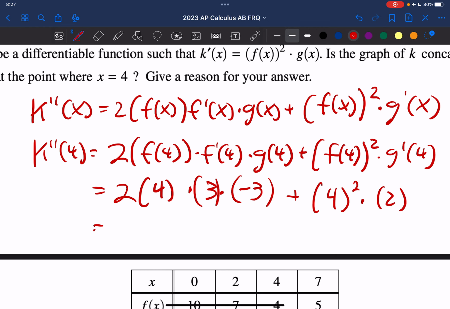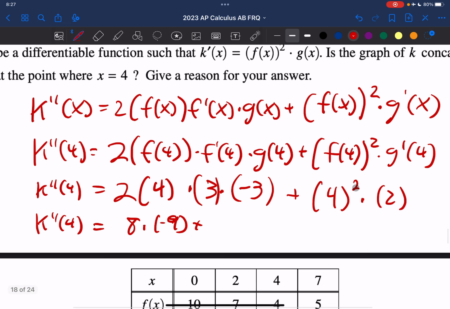All right, so almost there. All we just need are some computations. So 2 times 4 is 8, and then 3 times 3 is -9. 4 times 4 is 16, times 2 is 32. So we have -72 plus 32, so that gives us -40.